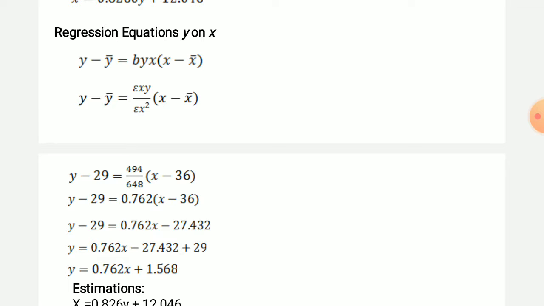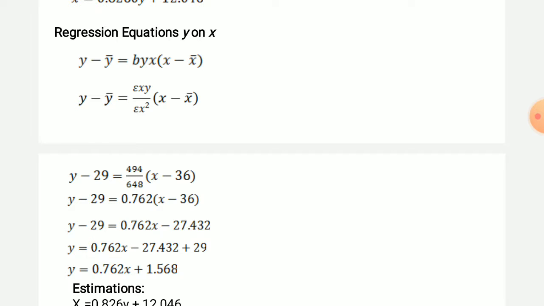Now the regression equation y on x. The regression equation y on x can be written as y minus y bar equals byx into x minus x bar when the actual mean is used. Then y minus y bar is equal to sigma xy by sigma x square into x minus x bar.